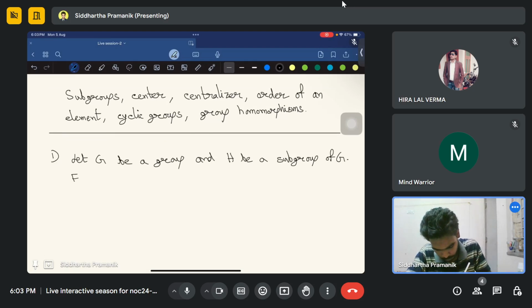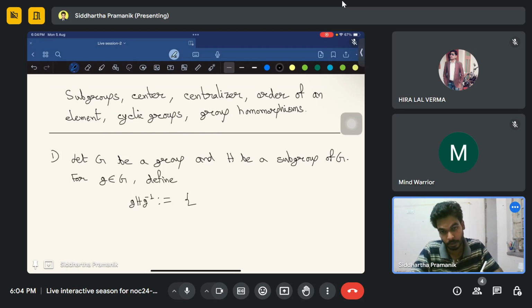So for an element small g belonging to the group G, just define the set gHg inverse as: take all elements g h g inverse, such that h comes from the subgroup H.